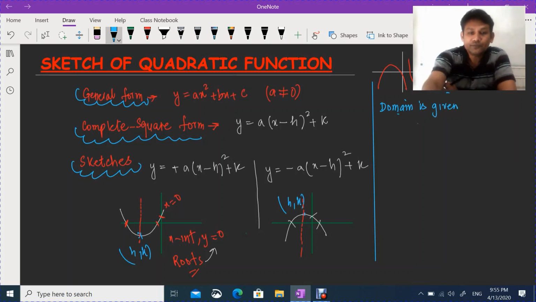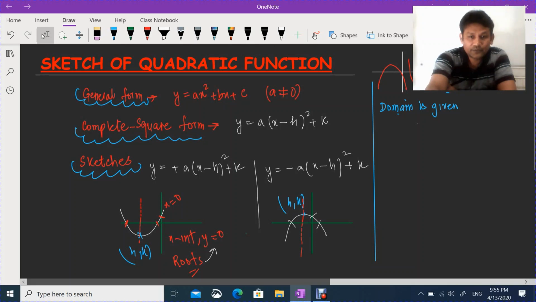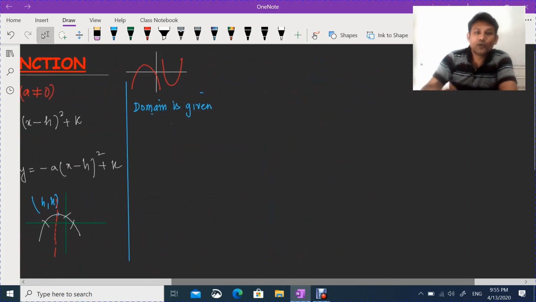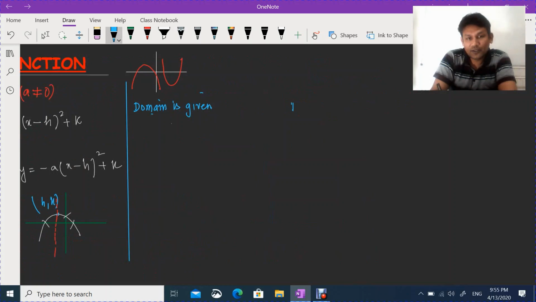I would like to move a little bit right. When the domain is given and when the domain is not given. Doing the question is no problem. The main thing is to understand the topic.